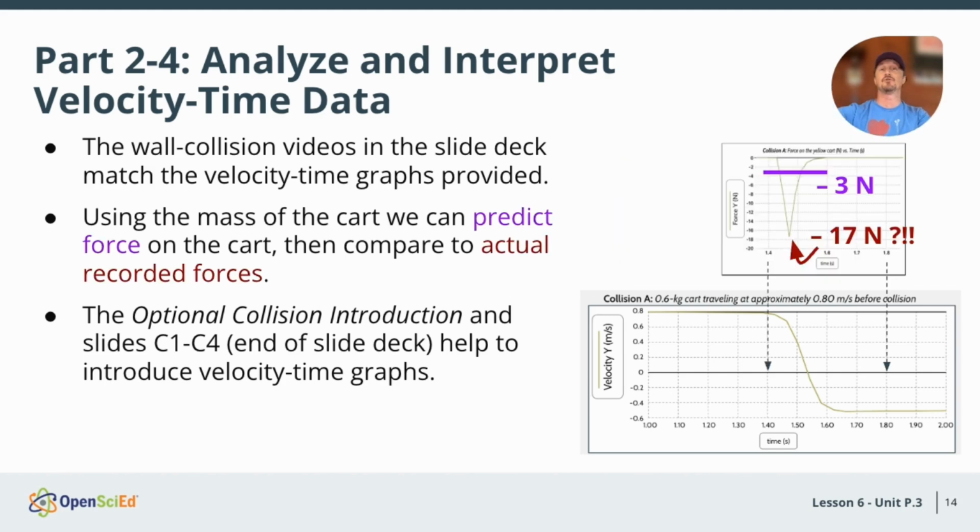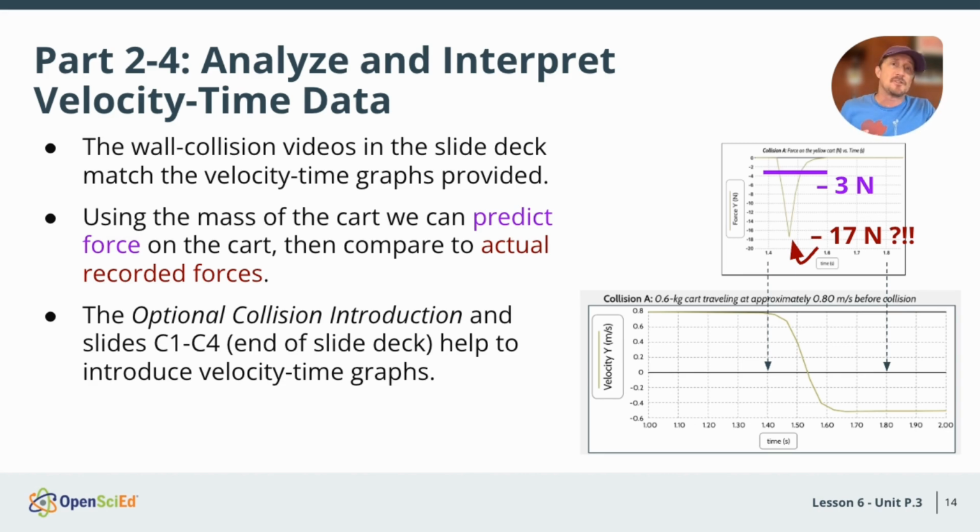So we have a measured value for the force versus time. And when we compare that to the prediction that we make with our equation, we see that they're not actually similar at all. We predicted a force of 3 newtons, and the peak of this graph is actually 17 newtons. So we try to make sense of that difference.